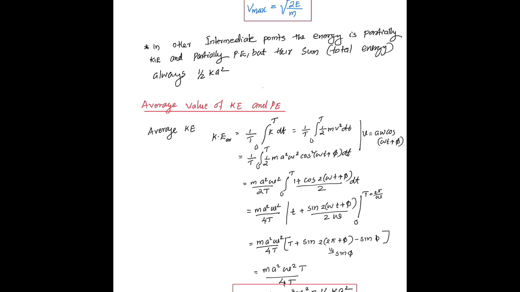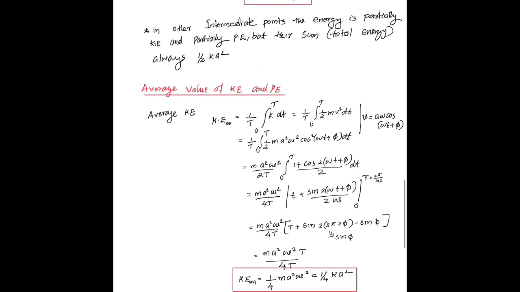Then I took the integral: the integral of 1 becomes T, and the integral of cos 2 theta becomes sin 2 theta by 2 omega. Substituting the limits from 0 to T, where T is equal to 2 pi by omega, for the first term I substitute T itself, and in the sine term I substitute 2 pi by omega, so omega will cancel.